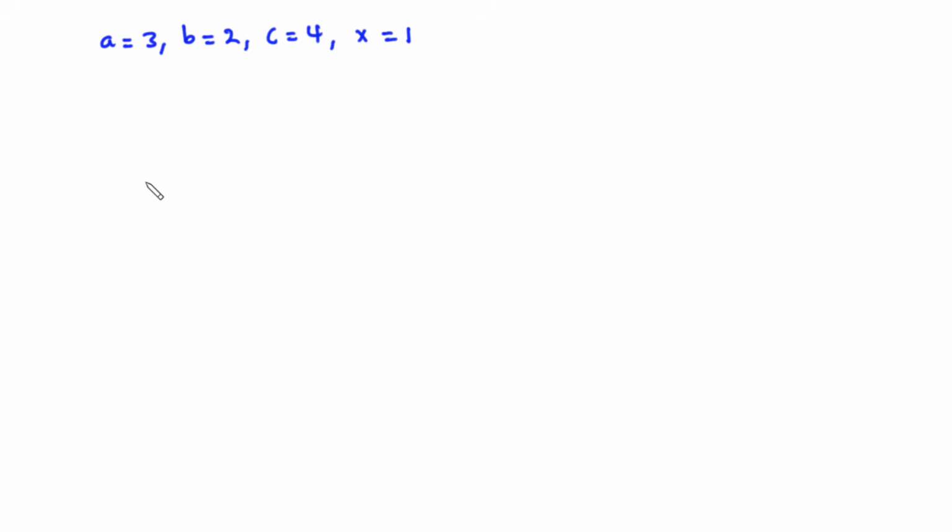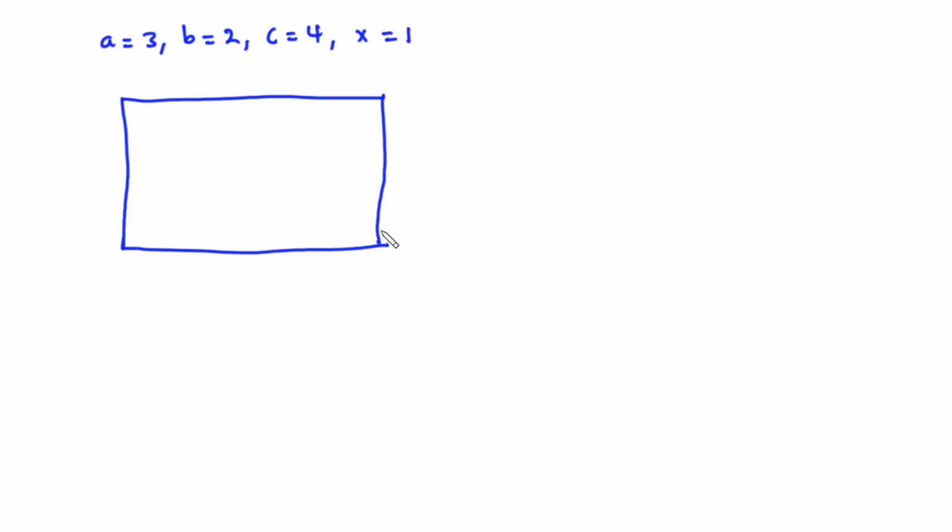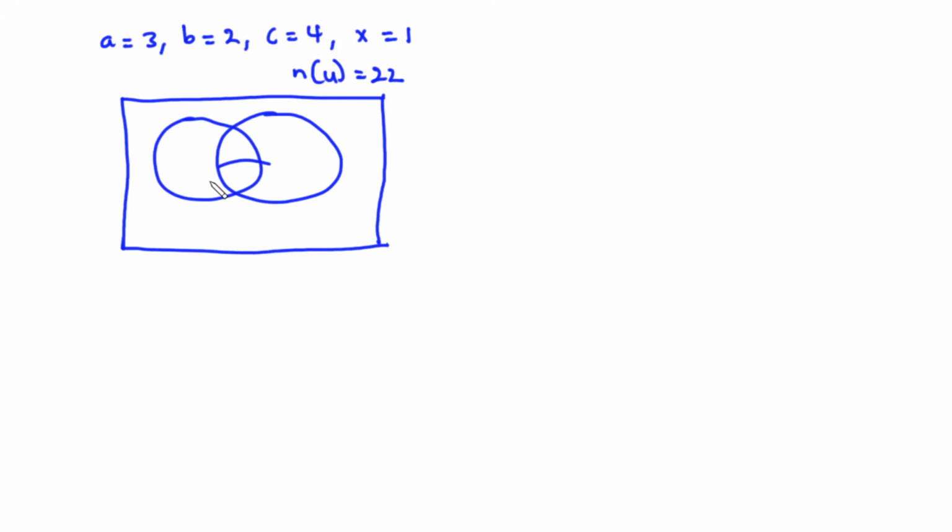Now let's redraw the Venn diagram. So number of players who play defense is 9.